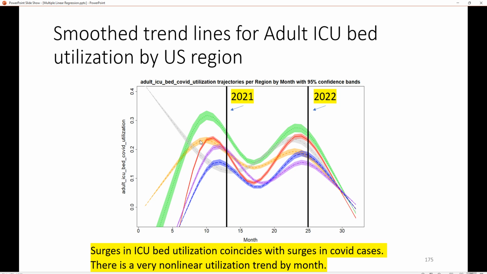We see that for the 6 different regions, there are surges in ICU bed utilization that coincide with surges in COVID cases. There is a very non-linear utilization trend by month. So what we know is that multiple linear regression is trying to fit a straight line trend when we assume that there is linearity between our predictor and our outcome.